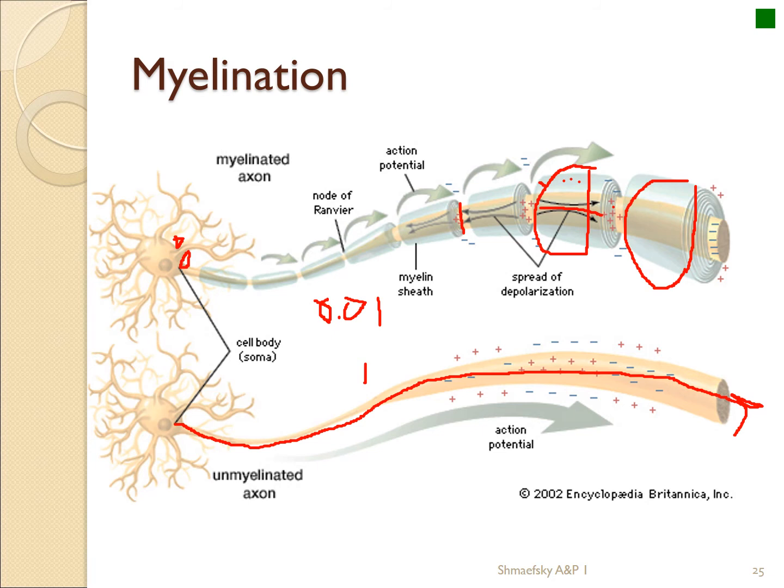That means you tenfolded the speed because you're just counting this as the distance, what are called the nodes of Ranvier. Just understand that occurs. So this is kind of an electrical shortcut that allows electricity in the cytoplasm to pass along without having to go through every positive-negative exchange. They only occur here.